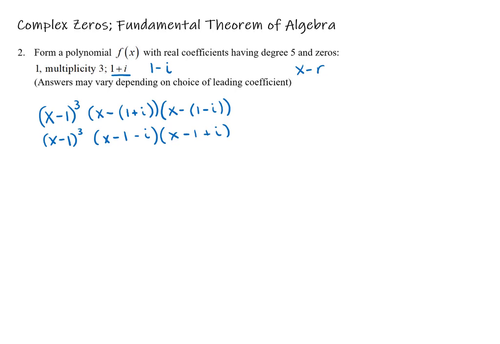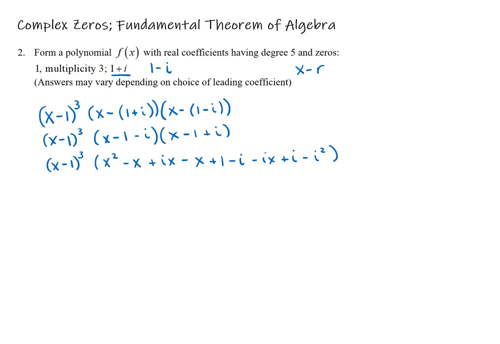Let's go ahead and multiply that part out first. Let's get rid of those imaginary coefficients. I'm going to get x squared minus x plus ix minus x plus 1 minus i minus ix plus i minus i squared.